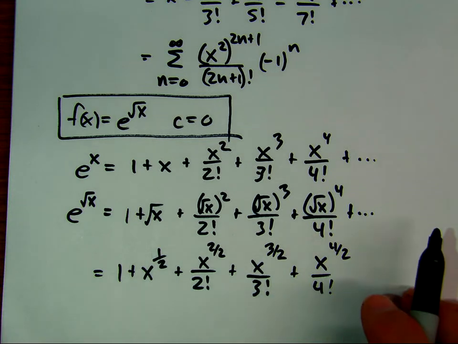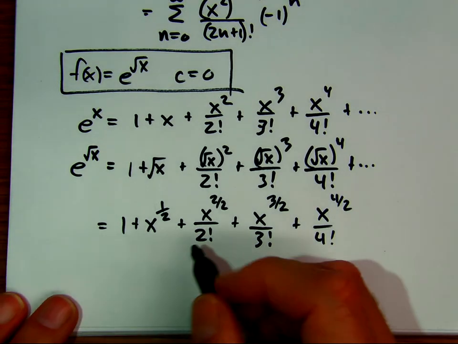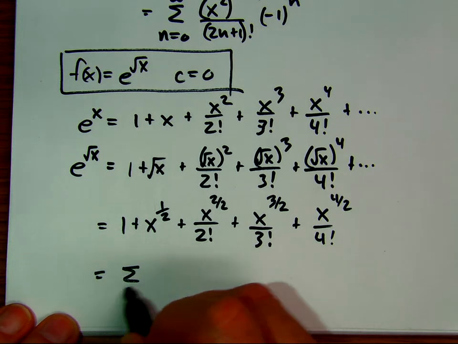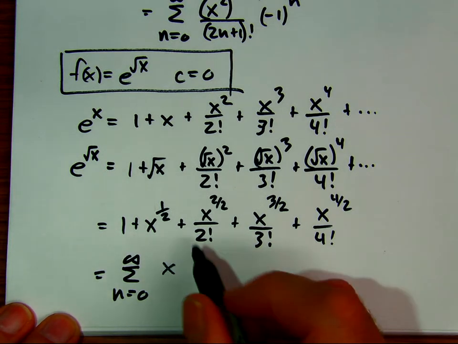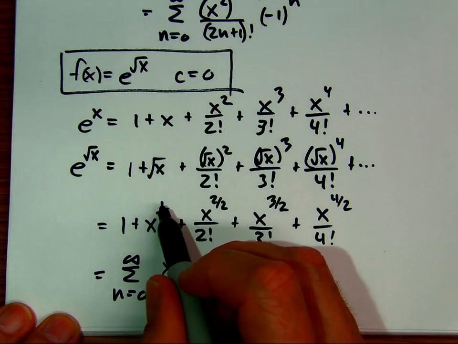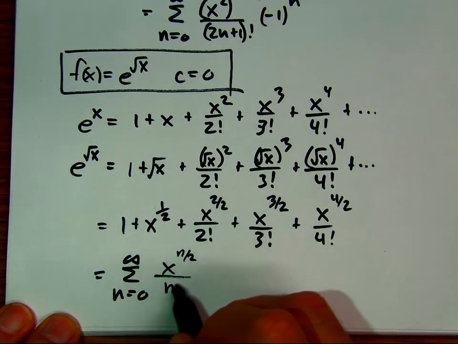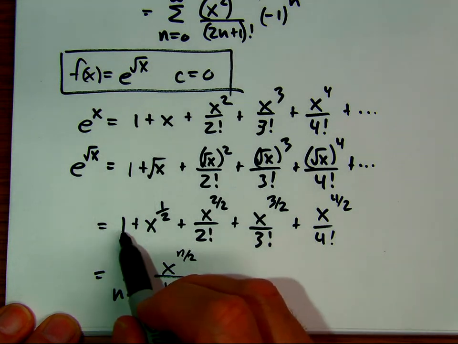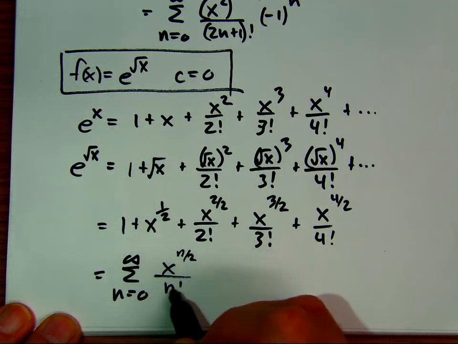And that'll help us write sigma notation. So we have x to the n over 2 over n factorial, and it even works for the first term because if we put a 0 there, we'll have x to the 0 is 1 over 0 factorial is 1.